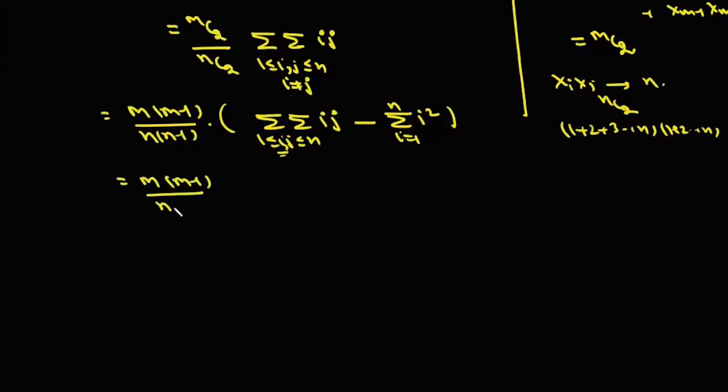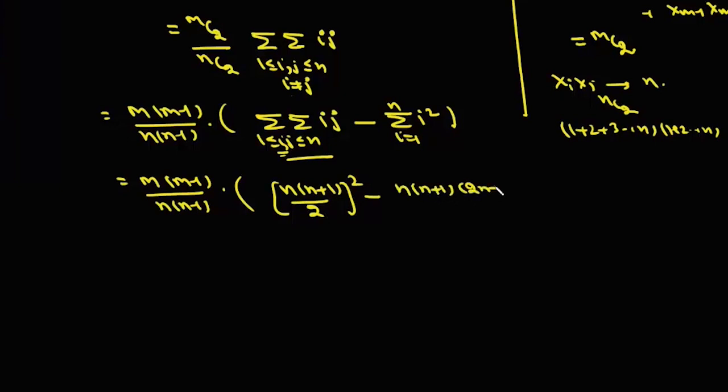We can simply write this as m minus 1 upon n minus 1 into this expression, which is n plus 1 by 2 whole square minus this value, which is n plus 1 into 2n plus 1 divided by 6. So here we can take n plus 1 by 2 common.